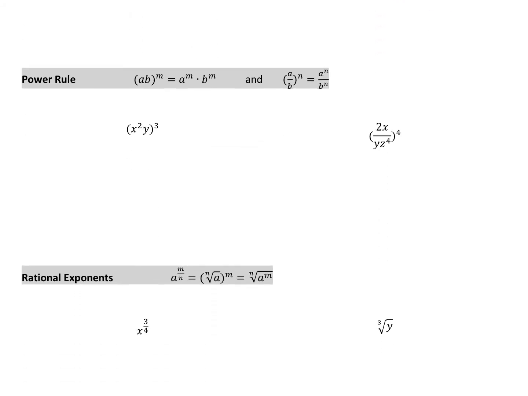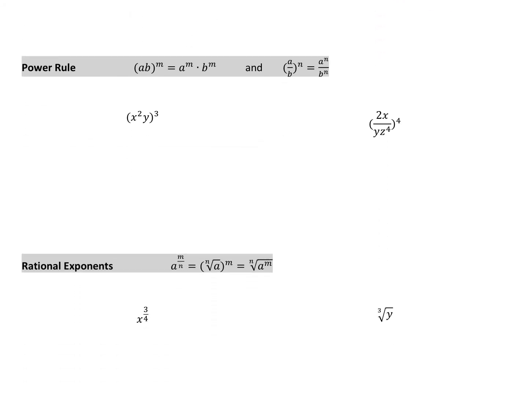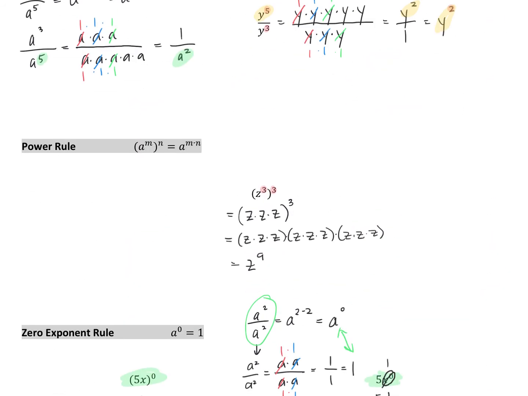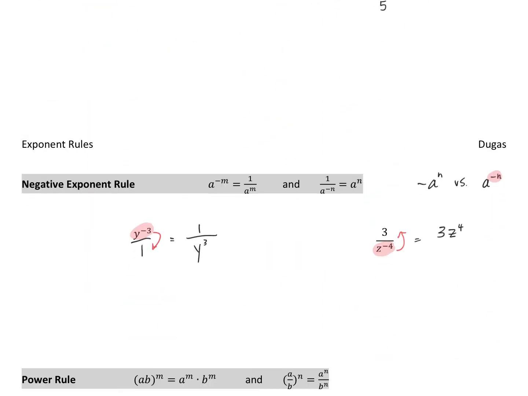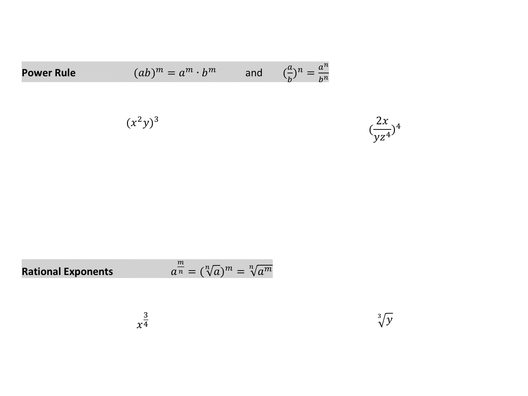All right, power rule. What did we do earlier? Oh, it's power rule. So we did the power rule earlier. This is the power rule of a product and the power of a quotient. So you can apply the power rule as long as what's in parentheses is a product or a quotient, meaning you have multiplying or dividing only.